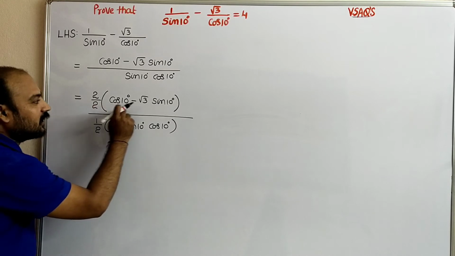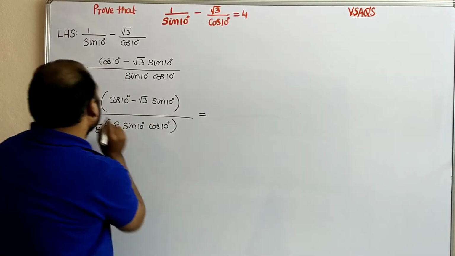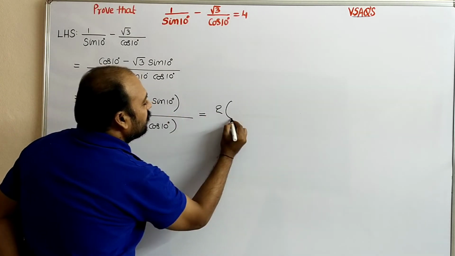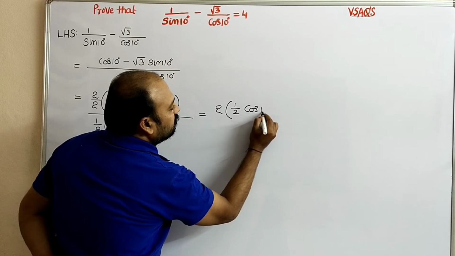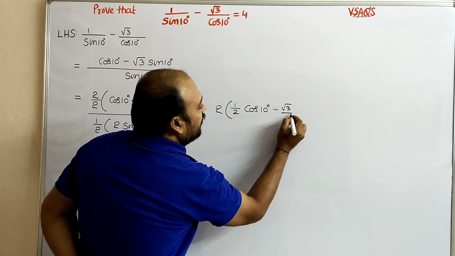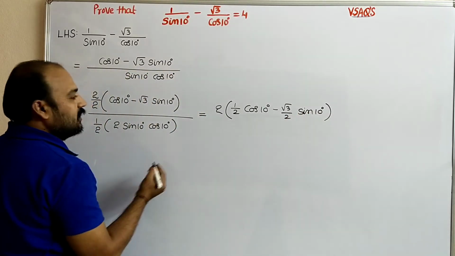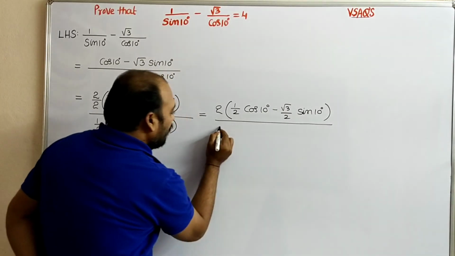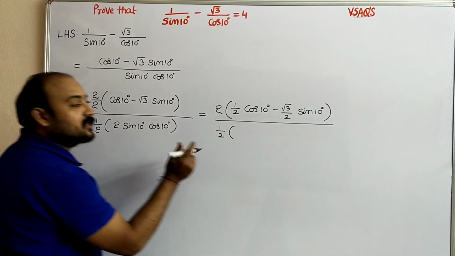Now these 2 we take inside the bracket. So it becomes 2 into 1 by 2 into cos 10 minus root 3 by 2 into sine 10, whole divided by 1 by 2 sine theta cos theta, sine 2 theta.